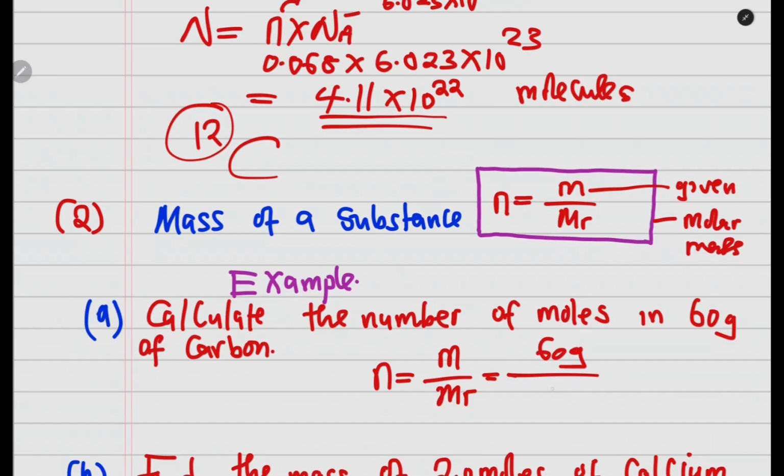As you know, the molar mass is just the mass of 1 mole of a substance, in this case carbon. So it is 12 gram per mole. So now 60 divide 12, you are going to find 5 mole. So the number of moles here is 5 mole. That is how you find the number of moles given the mass.